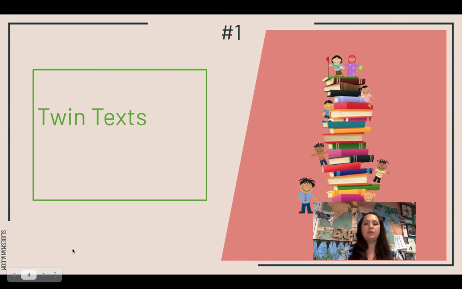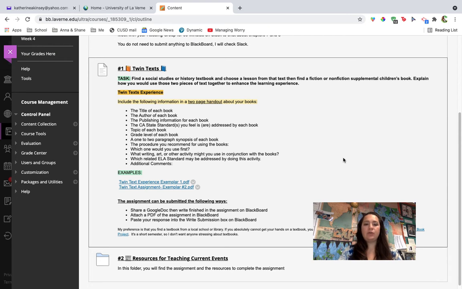Okay, so the twin text assignment. You're going to be using a social studies or history book and then a fiction or nonfiction children's book. And you're going to identify how you would use those two pieces of text together.